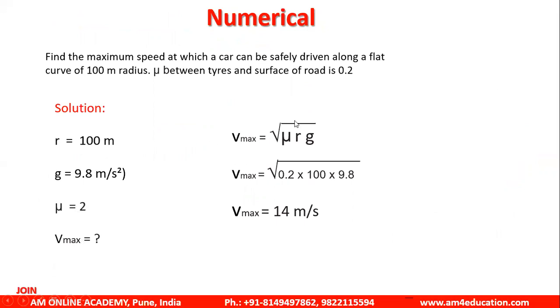So Vmax is equal to under root mu Rg. On substituting all the quantities, the final answer is 14 meter per second.